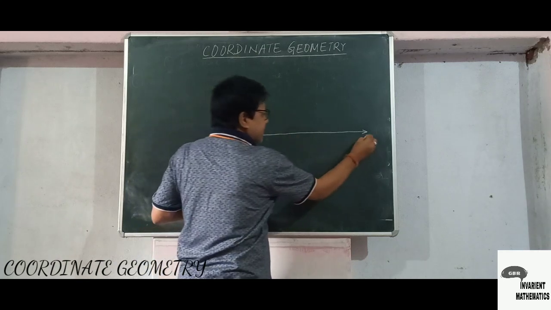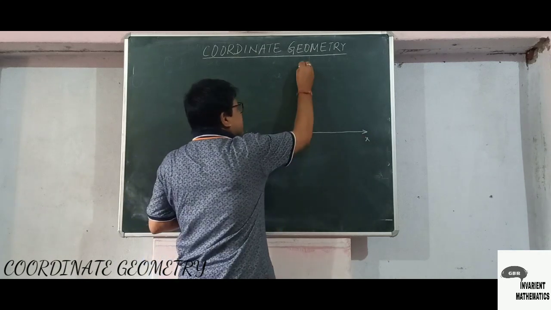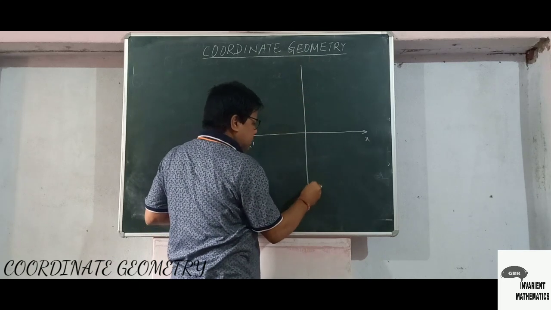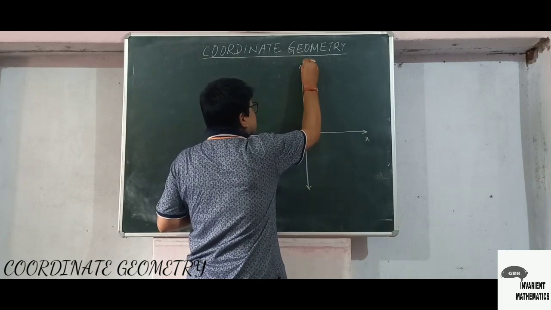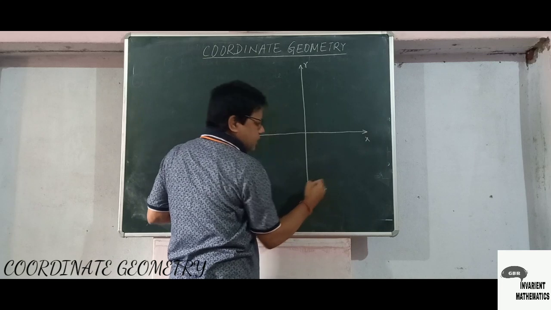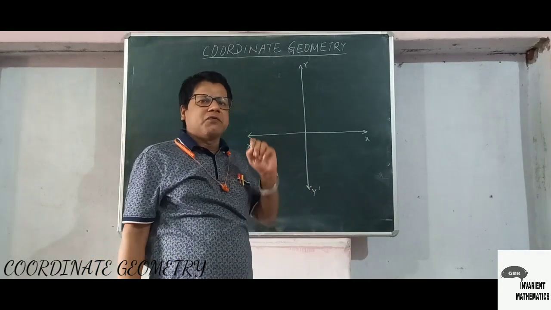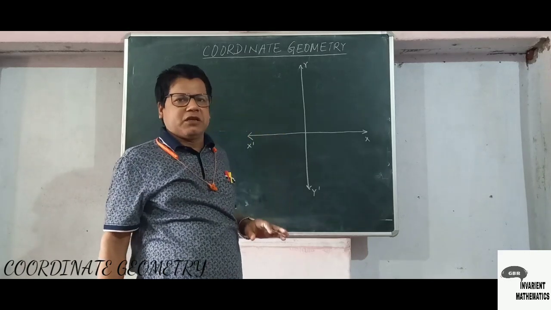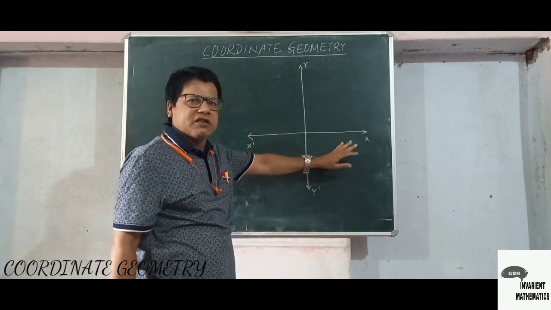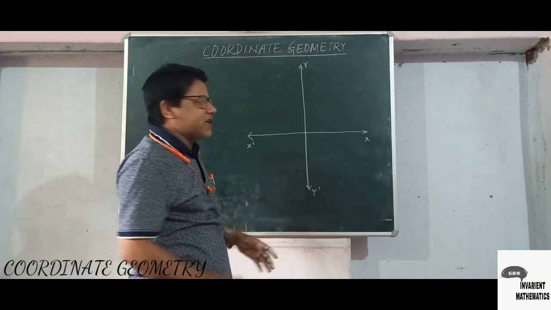Let X' and Y' be two lines on a Cartesian plane, which are perpendicular to each other. X' is known as the horizontal line, Y' is known as the vertical line.